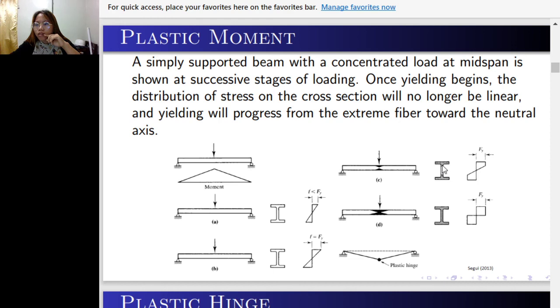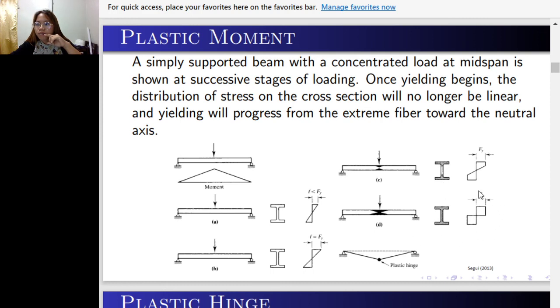So ang stress mo go beyond siya sa from the extreme fiber, which is the critical part, mo go beyond siya sa cross section hangtod moabot siya sa neutral axis.